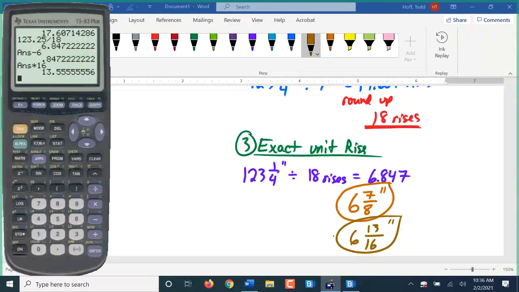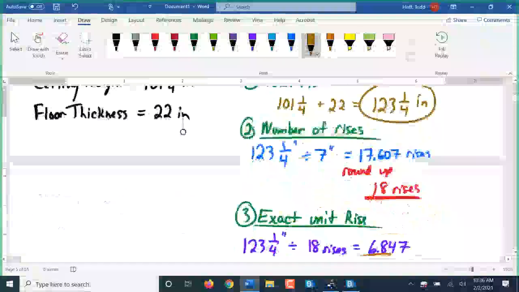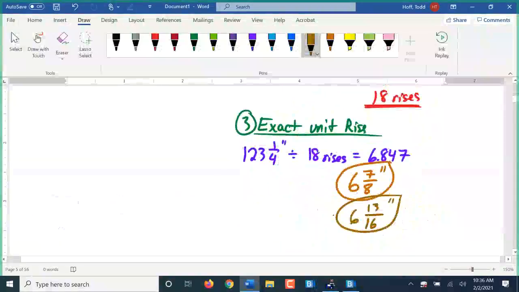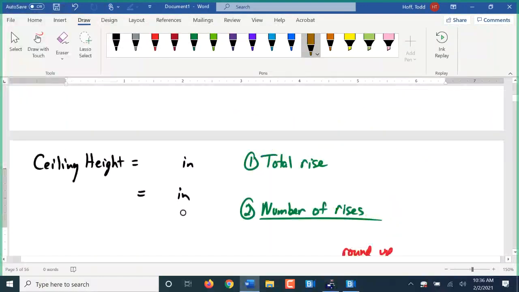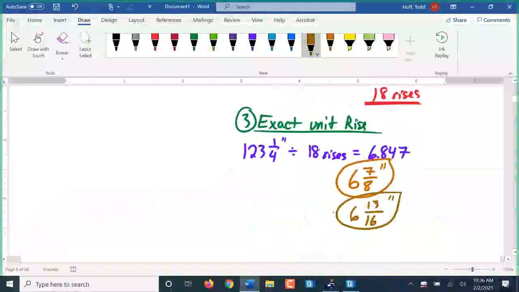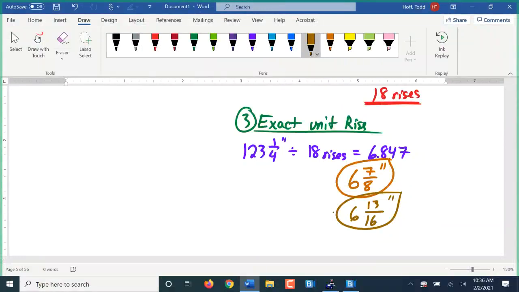So I would make the first unit rise 6 7/8, the next one 6 13/16, then 6 7/8. I would alternate between those two measurements, since the number that we rounded is really right between 13 and 14/16, to make sure that when we got to the bottom, that bottom step is really, really close to the same as the others. I'm within a 16th, hopefully, of the others.